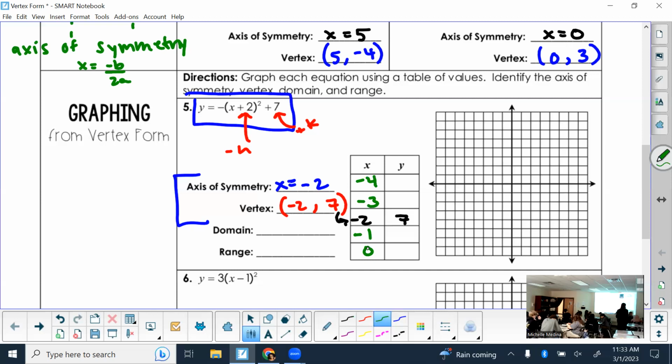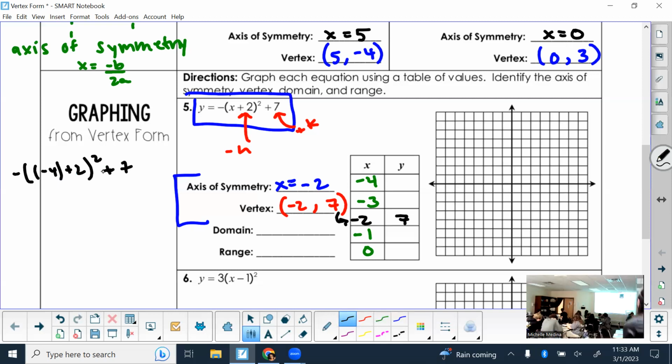Well, since we have x's now, we just plug them into the problem. Like for the first x, and anytime you plug something in, use parentheses, I'm plugging in a -4 into the given problem. This whole thing I can put into my calculator at the same time, and then just let it do the order of operations for me.